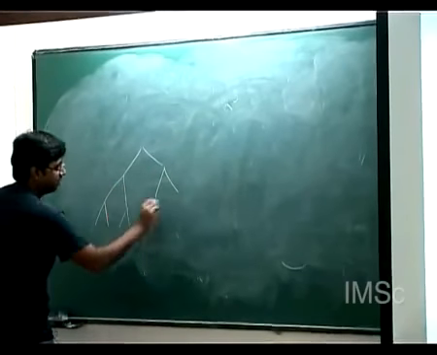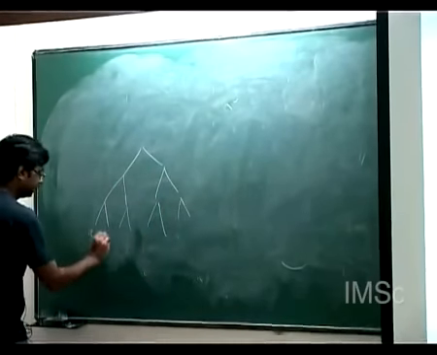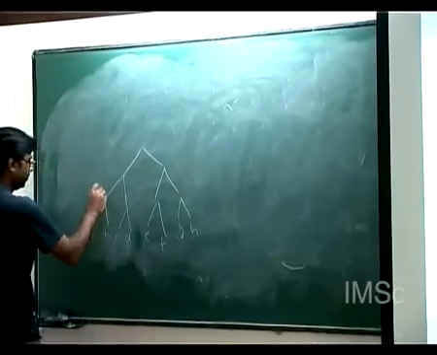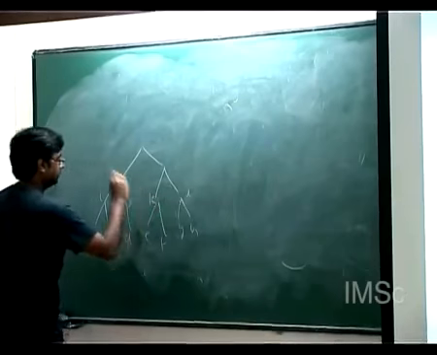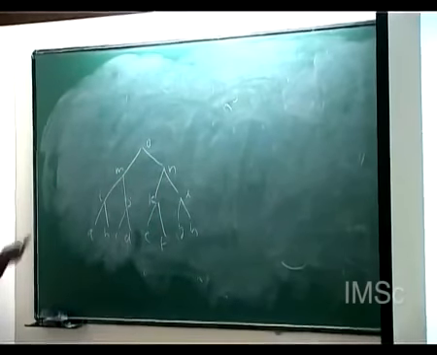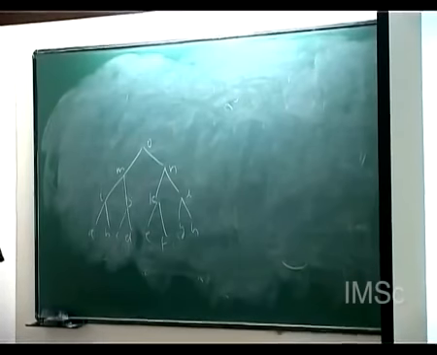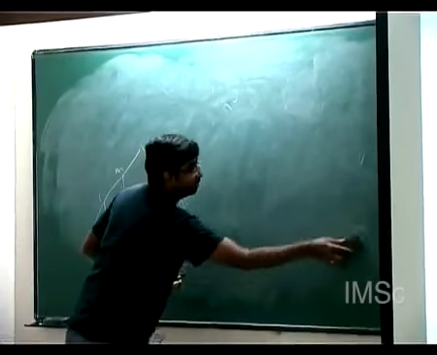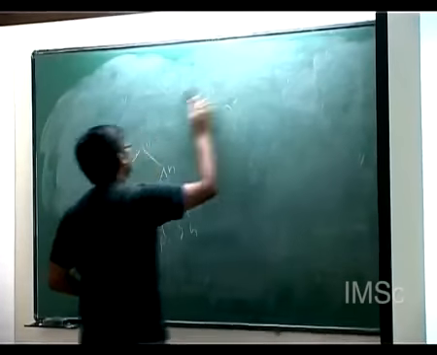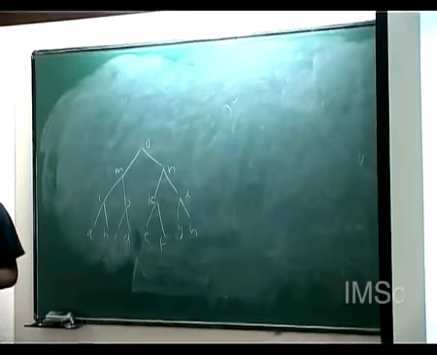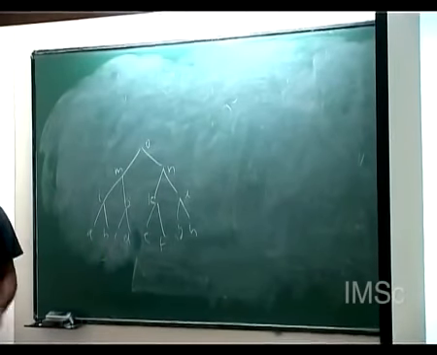Not a very big tree. Help me to construct this graph using these 3 operations, and let's see how many labels we need. Any help? We can try to construct. So let's construct.